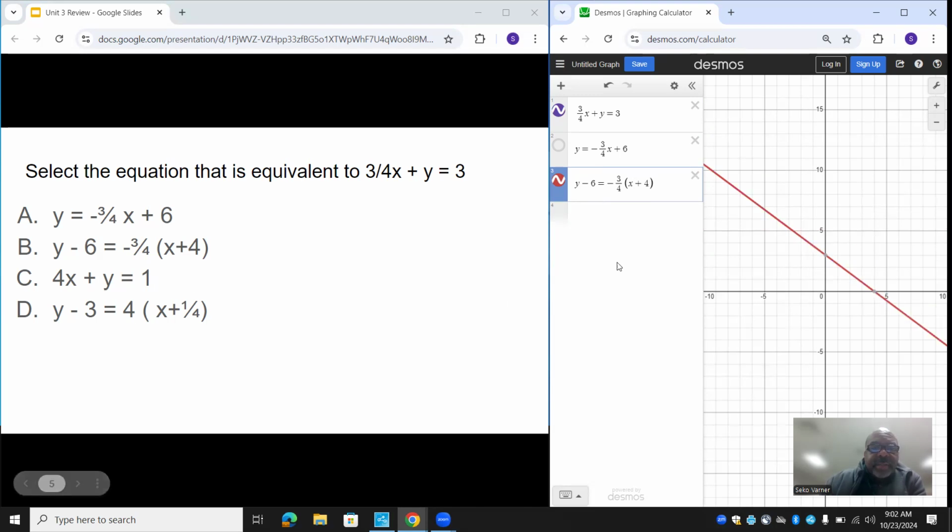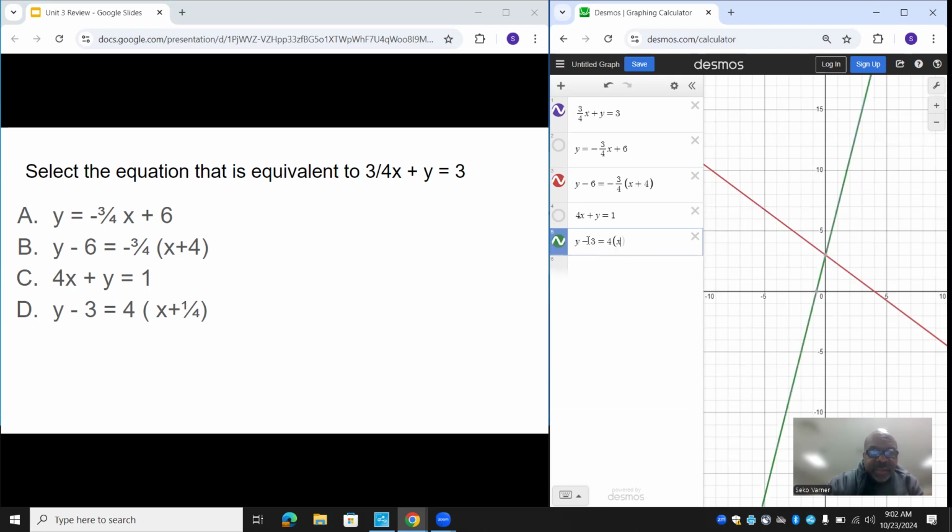Let's try these last two just to be sure, because it says select the equation. It doesn't say equations. So we might have the right answer already. Let's see. It's not that one. That's not it. All right, so y minus 3 equals 4, open parentheses, x plus 1 divided by 4.